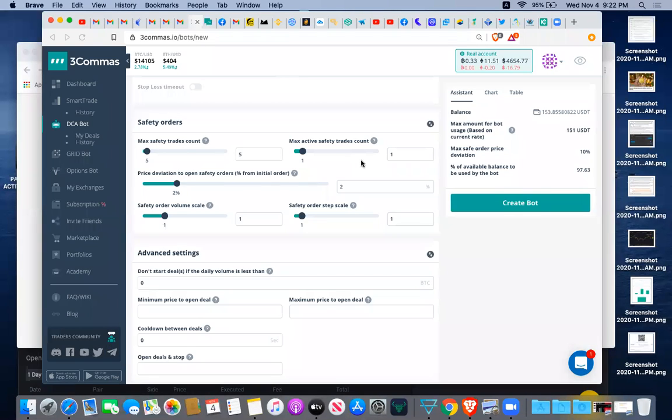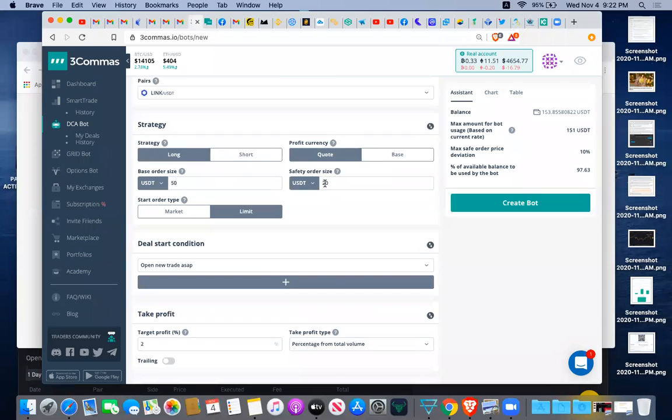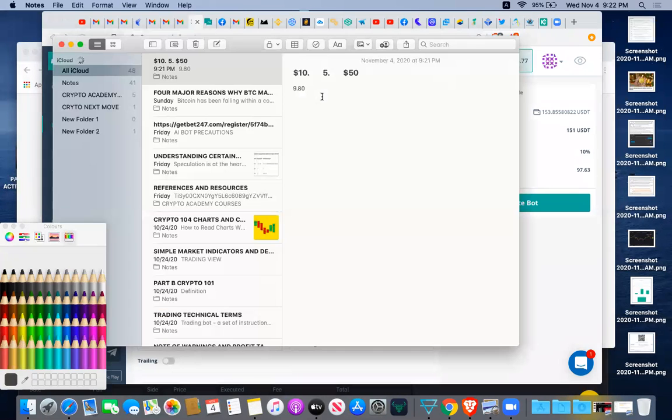You told the system that your safety order is $20, so it will use $20 to buy some volume of Chainlink, let's say 2.1 or 2.2 of Chainlink. Now it has consumed $20 doing that.